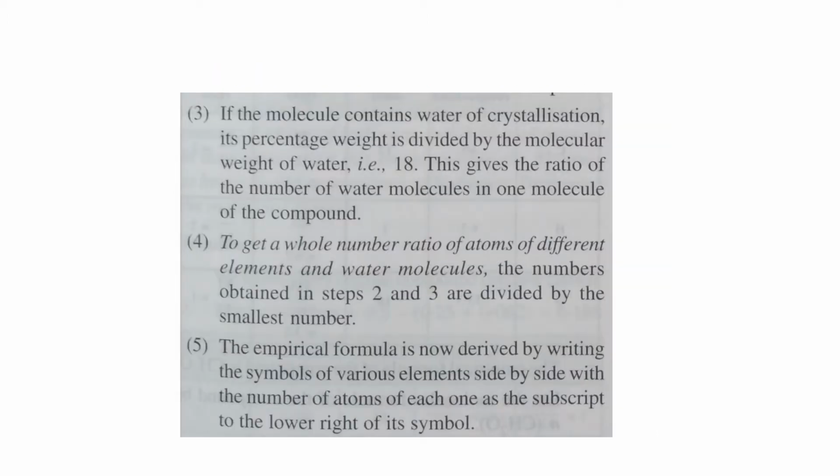Now point number 3, if the molecule contains water of crystallization, its percentage weight is divided by the molecular weight of water, that is 18. The molecular weight of water is 18. This gives the ratio of number of water molecules in one molecule of the compound. Number 4.